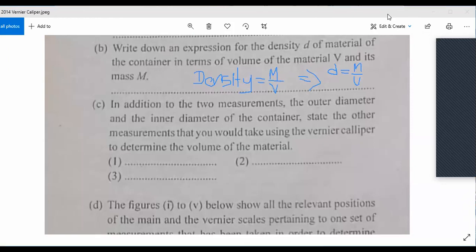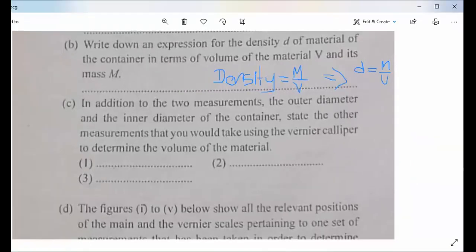Yes, sir. Right. So please write it there. This is the answer for simple B. Density equals mass over volume. Put an arrow like that. Then simple D equals capital M over capital V. Okay.